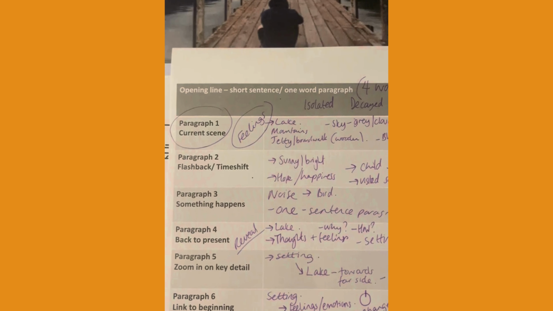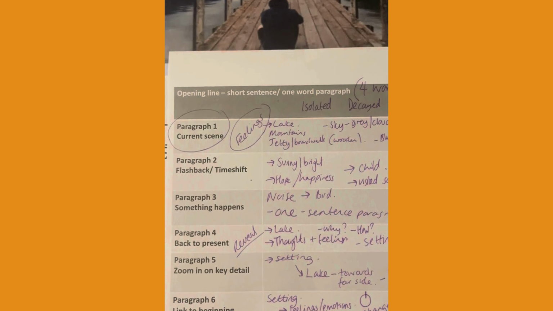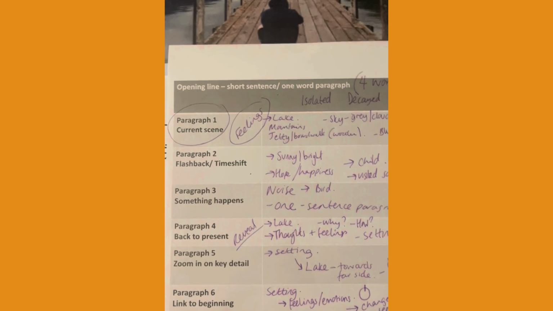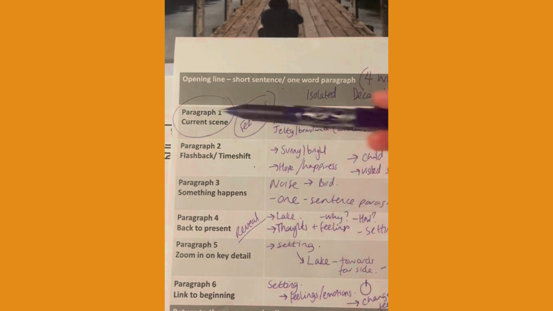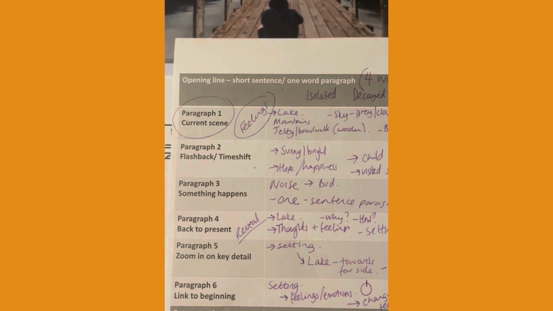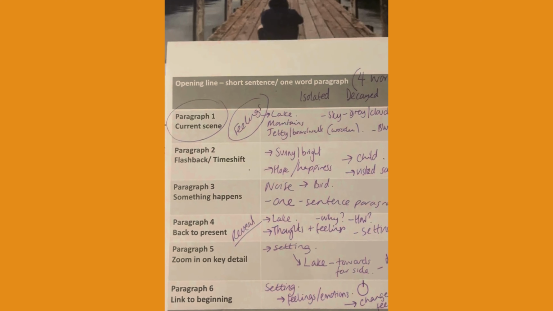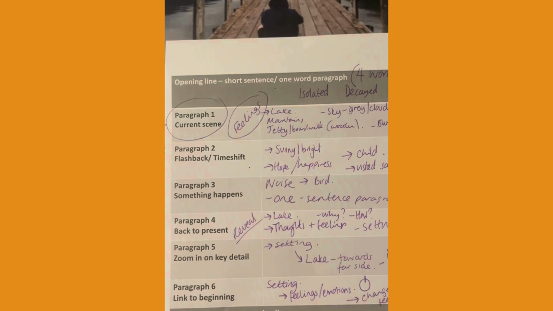Obviously you won't have the sheet, but the more practice you can get using this structure, the easier this part is going to be, because essentially that's all you've got to remember for this question: those 6 parts. And if you can then write a response with those 6 parts, you've covered everything that you need to do to make sure that you're going to be effective, as long as you've done each part effectively.